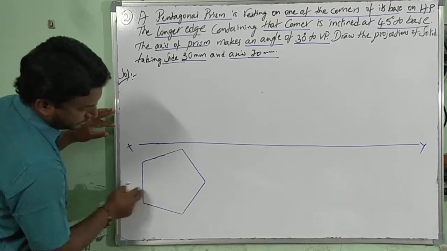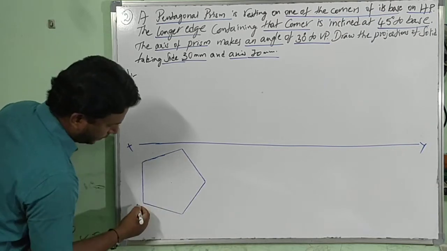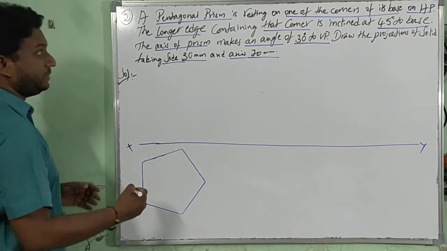Pentagon with a vertical edge, corner towards the right side. Right? It is a pentagonal prism.